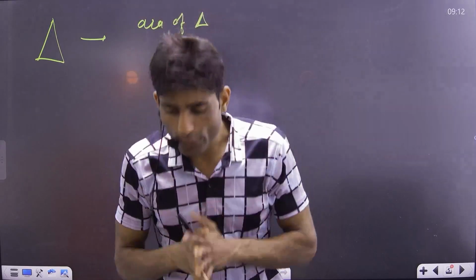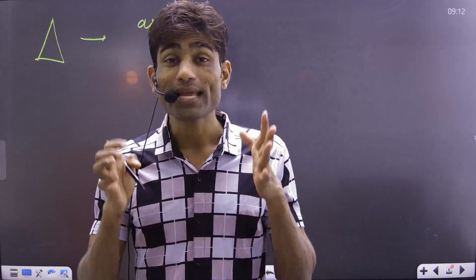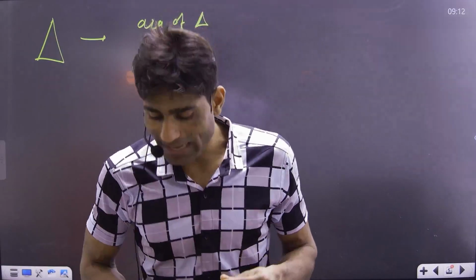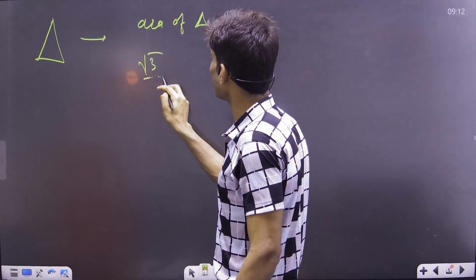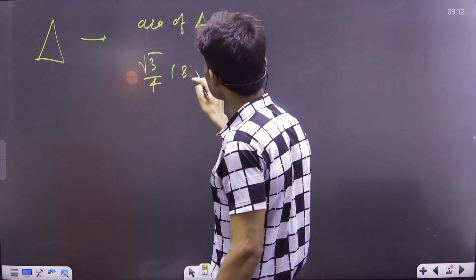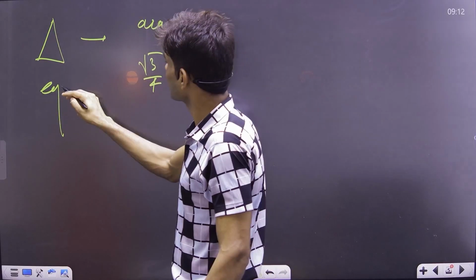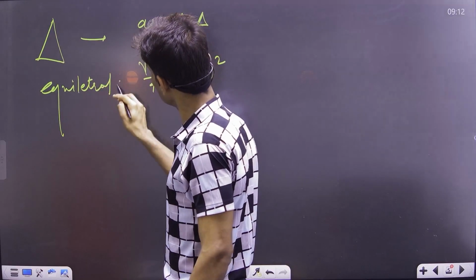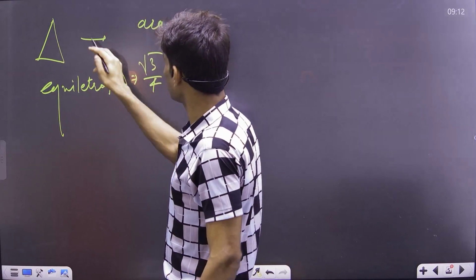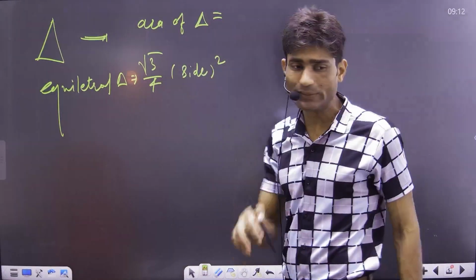And when we go for area of an equilateral triangle, we write √3 divided by 4 into side square, okay?